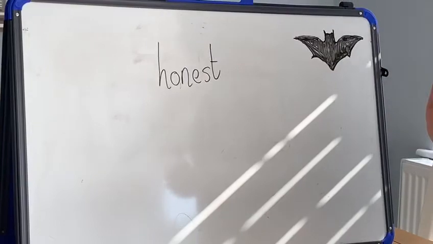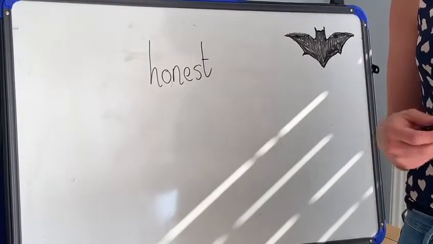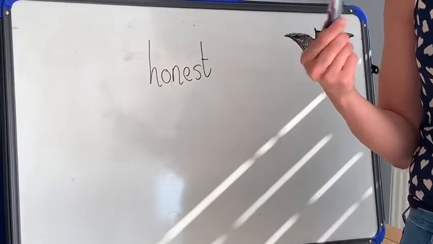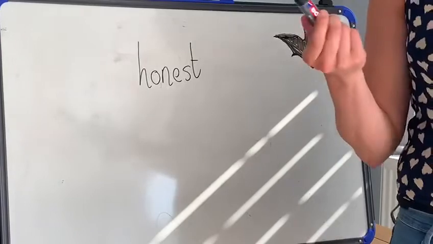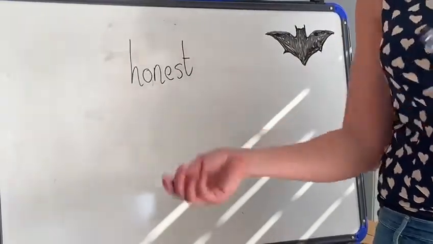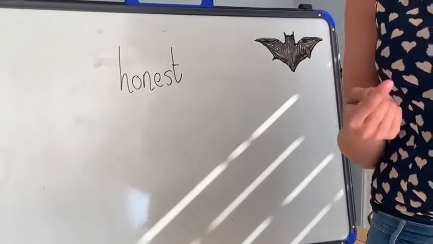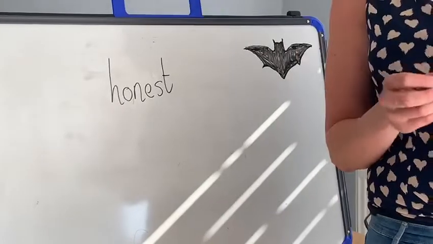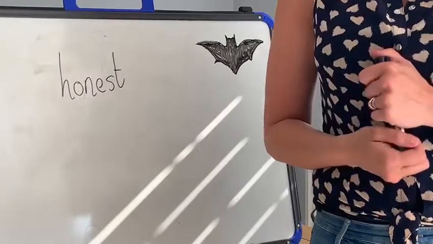Sometimes when you're spelling words like this, it really helps to actually make the sound of the H to remember how to spell it. So when you're speaking, don't say, I'm really honest with the H. You would say, I'm really honest. But when you're writing words that have silent letters in, sometimes it really helps to sound out that sound, even though you don't make the sound when you're saying the word out loud.